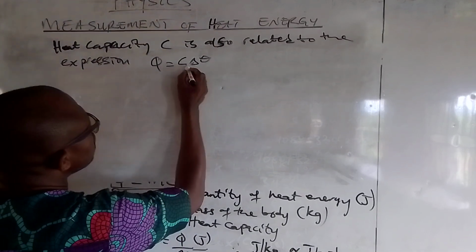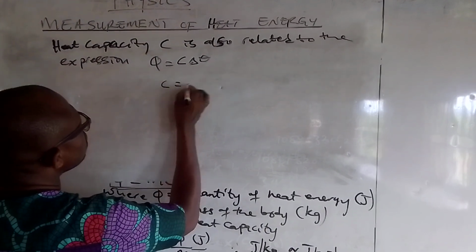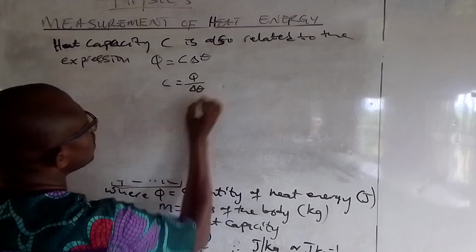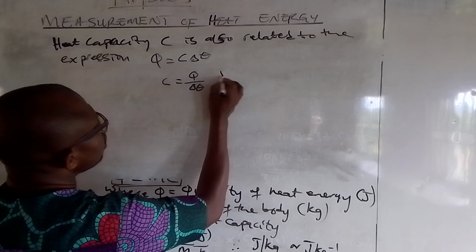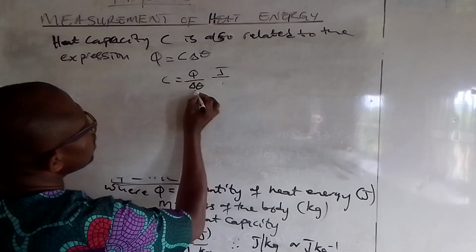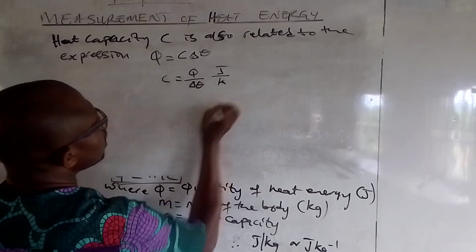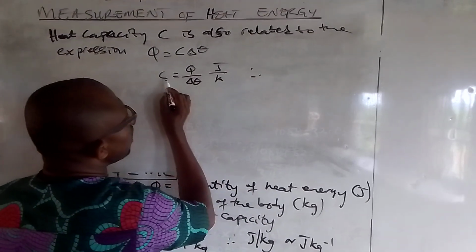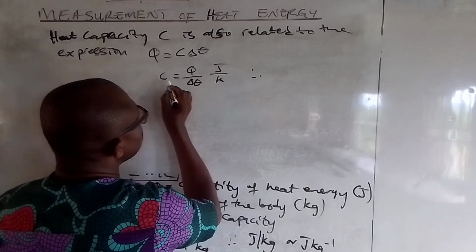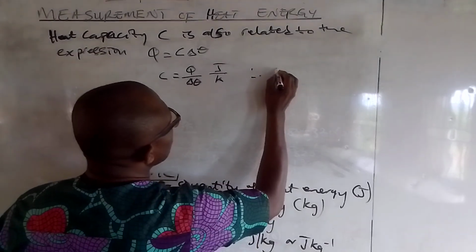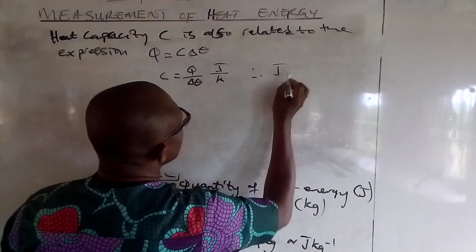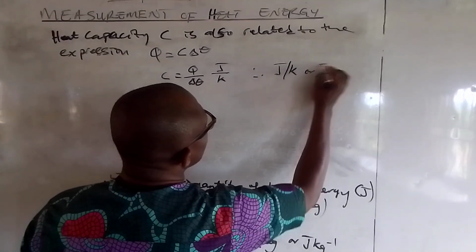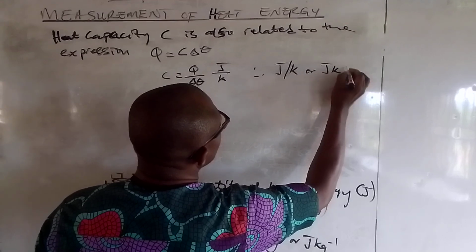So making C the subject, we now have C is Q all over delta theta. Q is measured in joules. Delta theta is measured in Kelvin. Therefore, the SI unit for heat capacity can as well be written as joule per Kelvin.